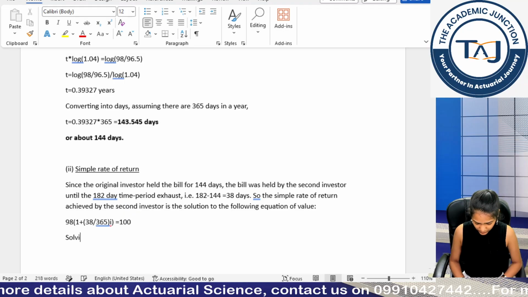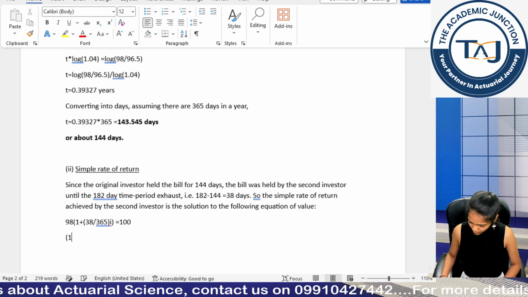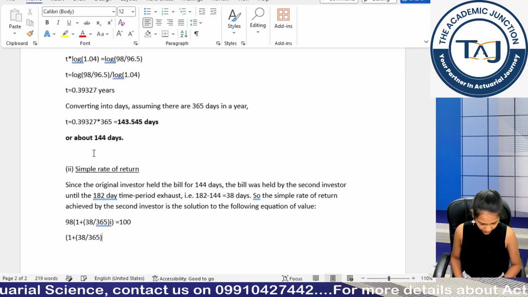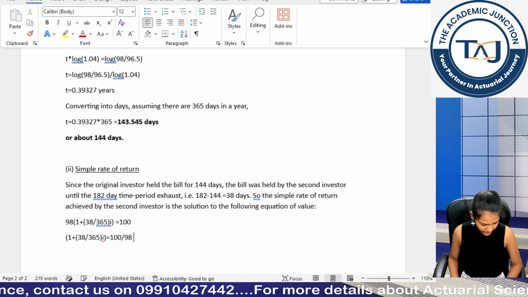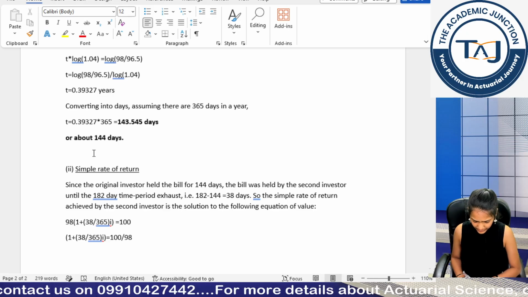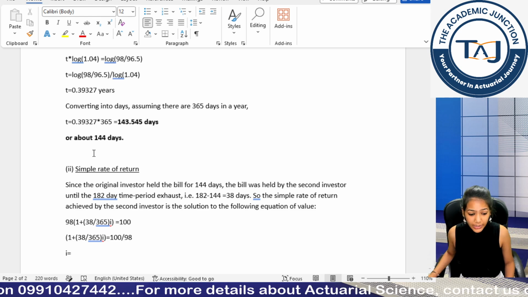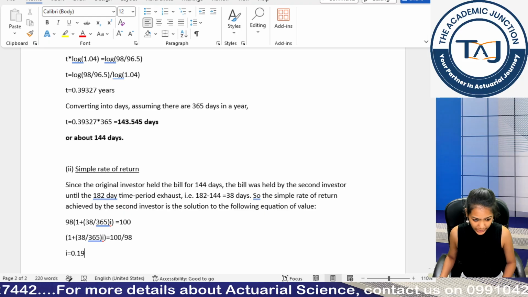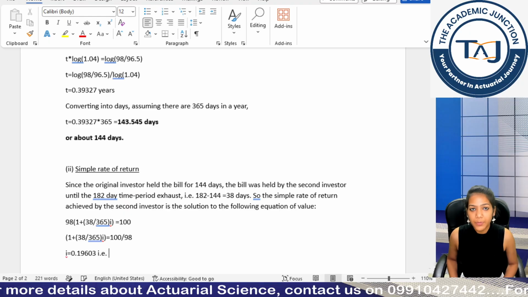Now solving this equation, we get 1 plus 38 by 365 i is equal to 100 by 98, and we get i as 0.19603. Now we would convert it into percentage.